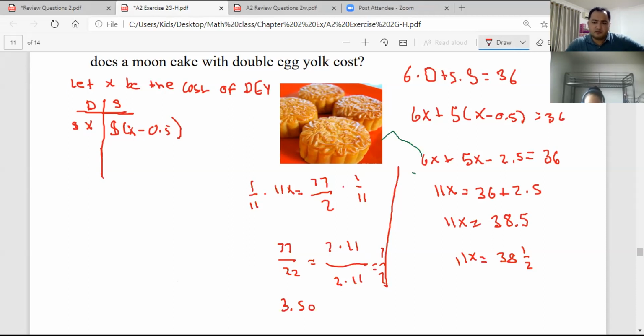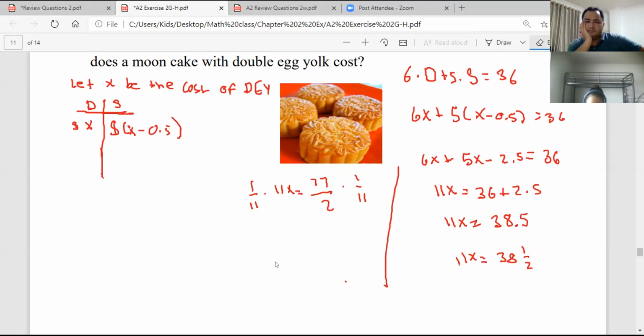Delete everything. So now on the left-hand side we have x. x equals, and simplify the right-hand side. 77 over 11, that is 7. So that is 7 over 2.